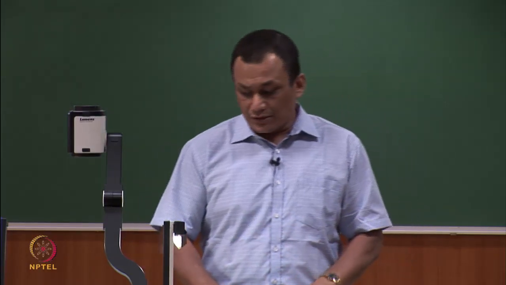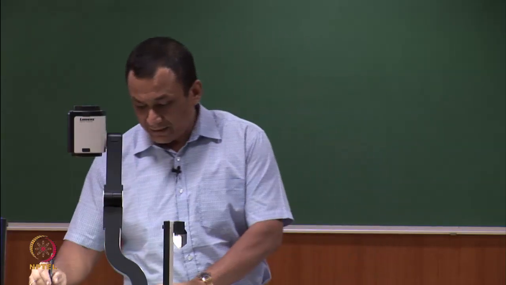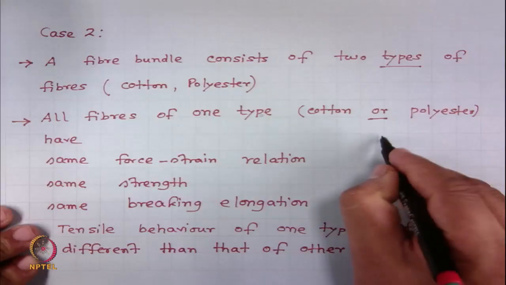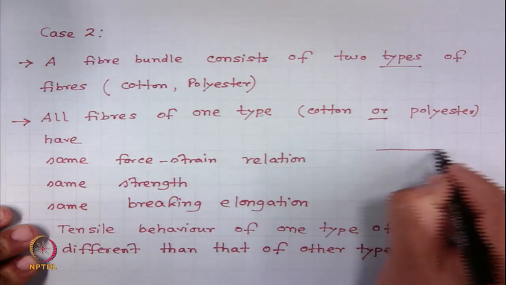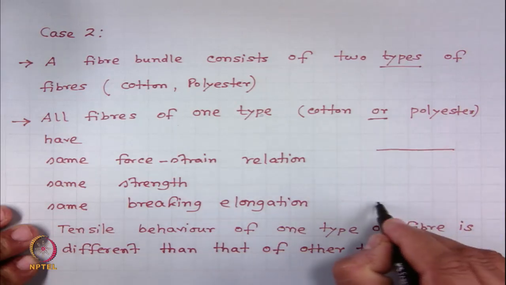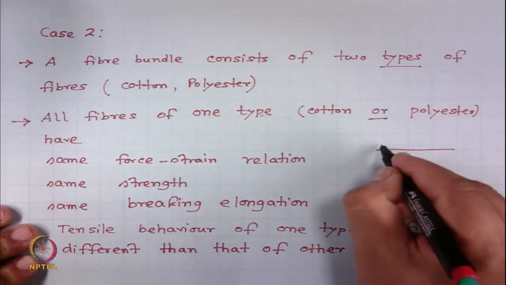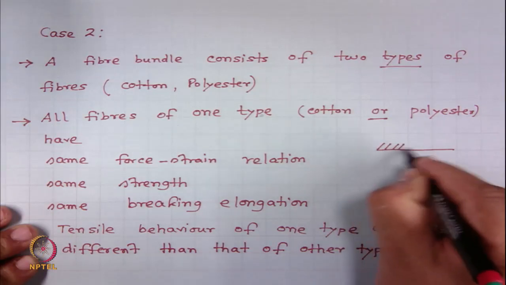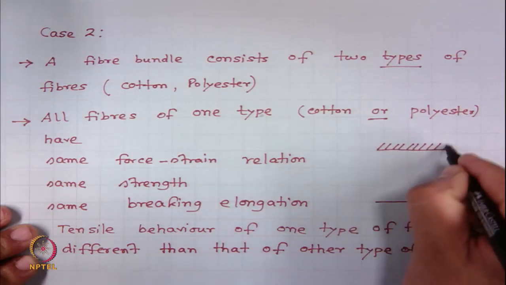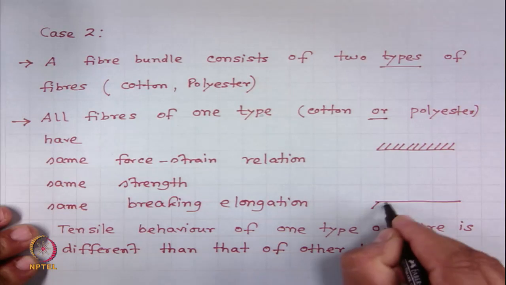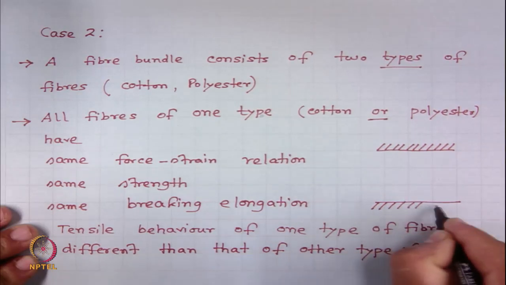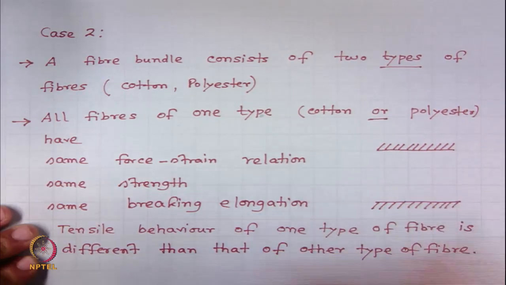So, now you will consider such a bundle of fibers. It will be something like this. Suppose this is the upper jaw of a tensile tester, this is the bottom jaw of the same tensile tester.